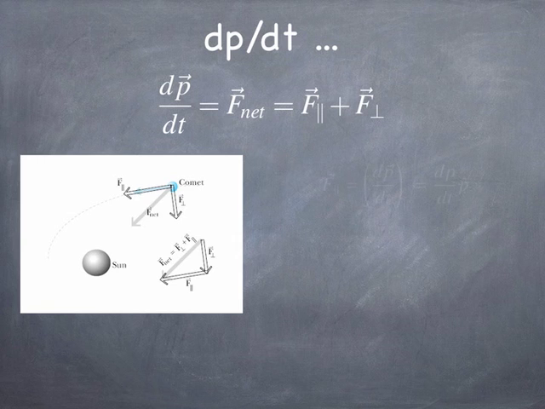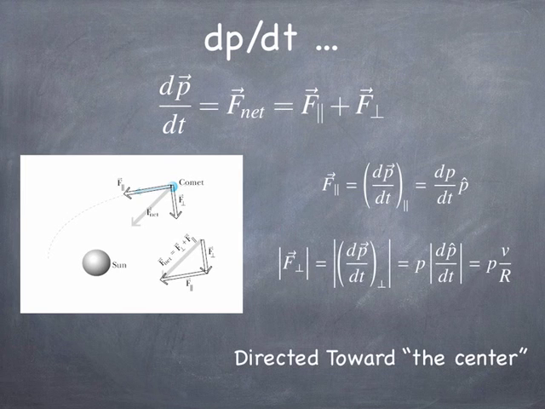The idea is that the parallel component is the rate of change of the magnitude of the momentum times p hat. The perpendicular component is the magnitude of the momentum times the rate of change of p hat.